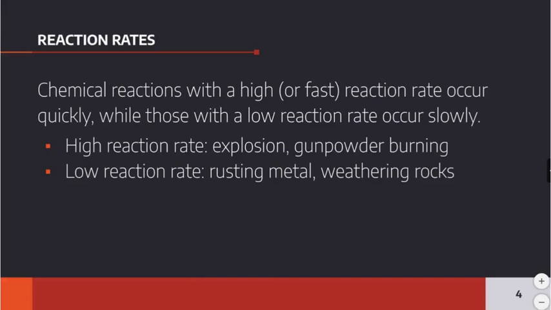And so chemical reactions can vary between reactions that will take sometimes tens of thousands of years to react a few grams of something, to chemical reactions that will react sometimes well over a ton of a substance in just a few seconds. And so high reaction rate means that reaction goes quickly. Low reaction rate means it goes relatively slowly. It doesn't react a whole lot of stuff in a certain amount of time.